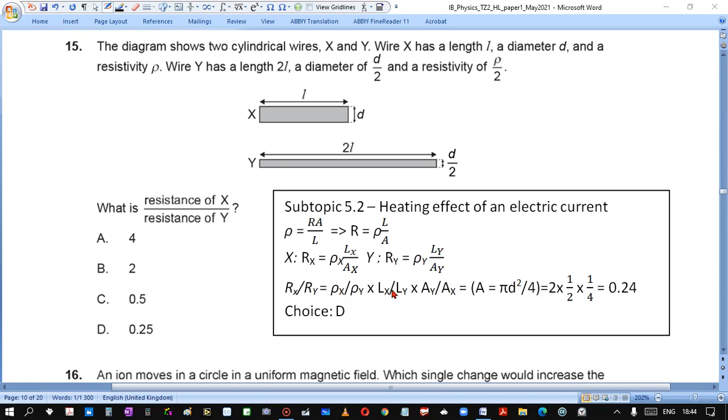Length of X is 1 over 2 ratio and ratio of Y over X is 1 over 4. So we get 0.25, sorry, here mistake. Choice D.